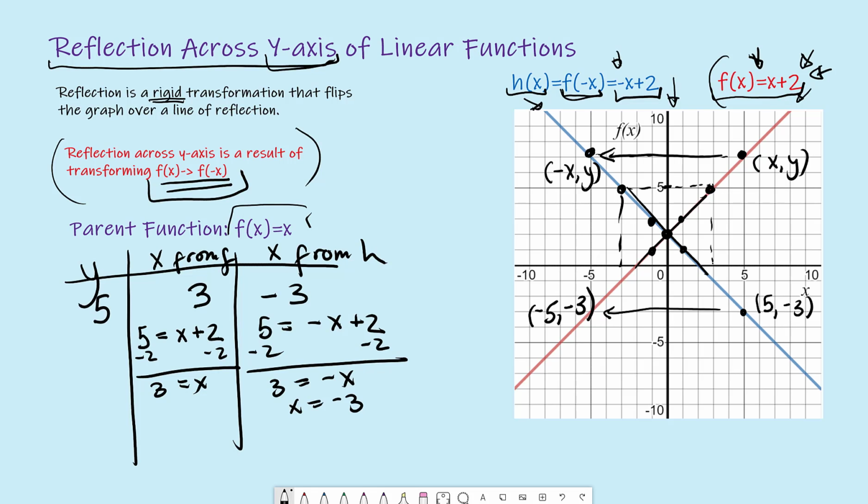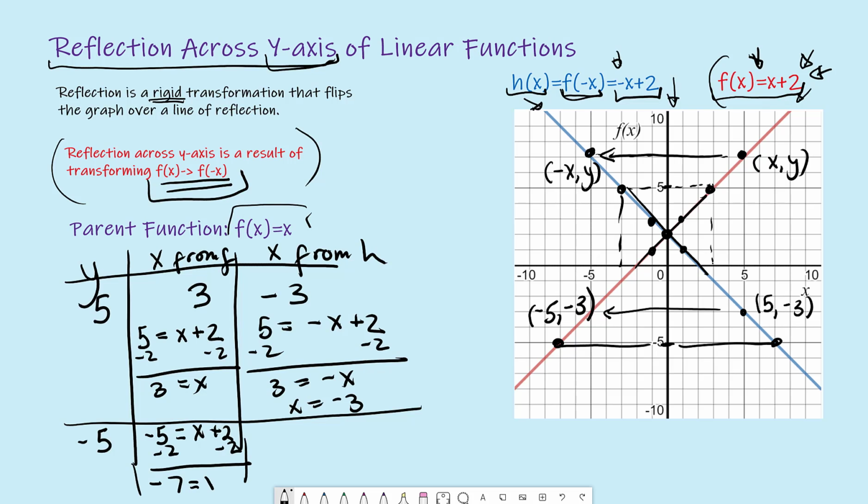Let's look at another example. Let's look at the example down here of, say, y equals -5. Let's look at these points here and here. So if y equals -5, so x from f, we have -5 equals x plus 2. Let's subtract 2 from both sides, and we get -7 equals x.